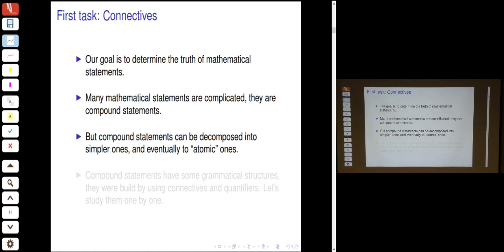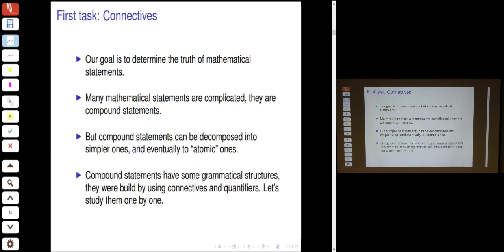So in the end, you eventually hit something we call an atomic formula, an atomic statement. Atomic is like atom; you cannot split it anymore. Right? Okay. Now, the compound statements have grammatical structures. So this part of logic actually is related to linguistics, right?